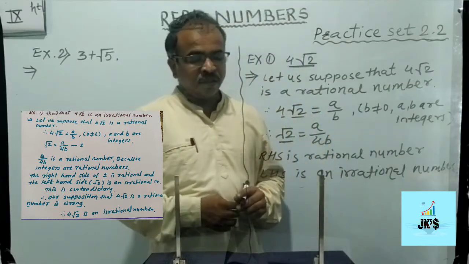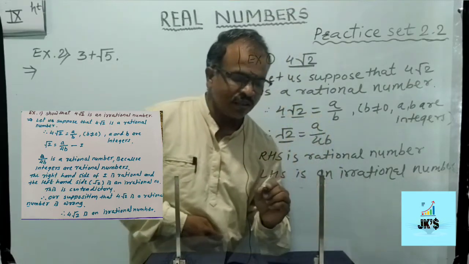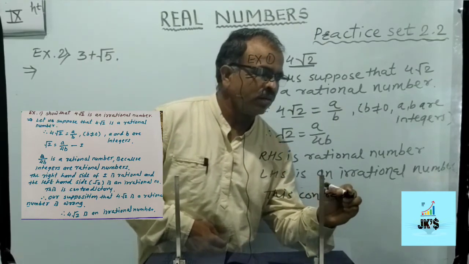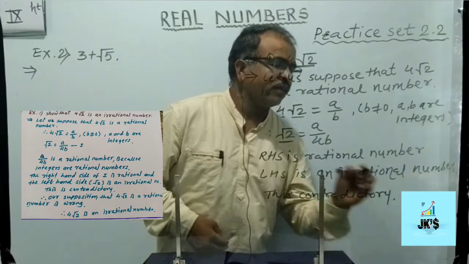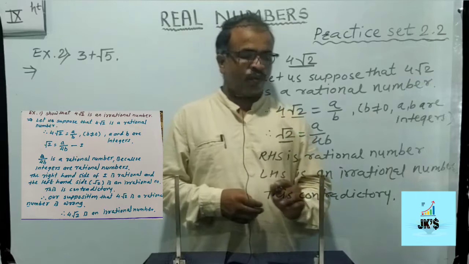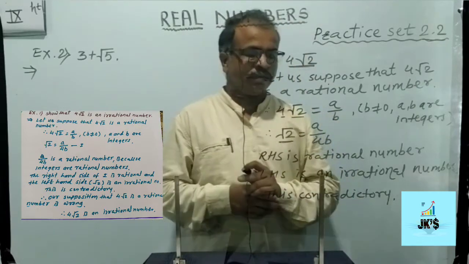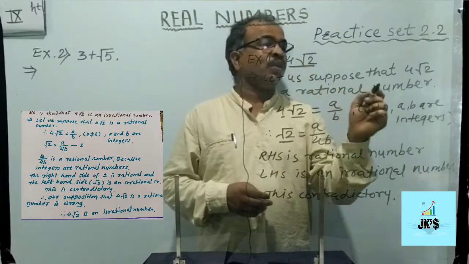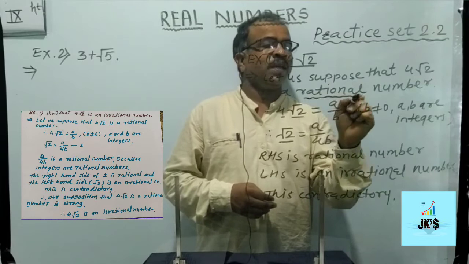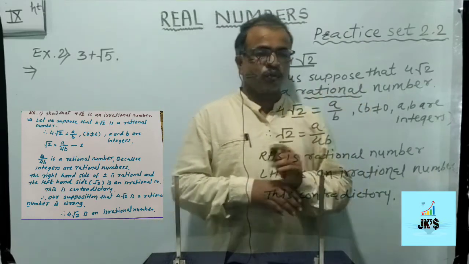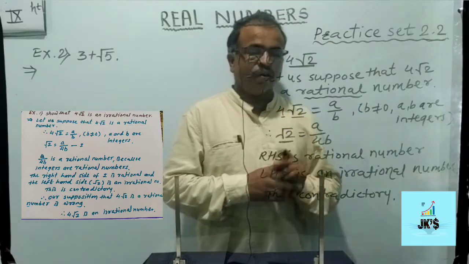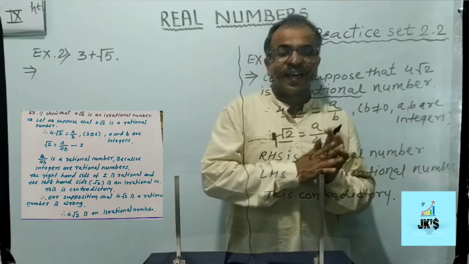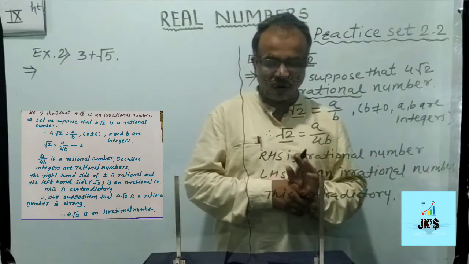Hence this is contradictory, which means it contradicts our supposition. Which is our supposition? That 4 root 2 is a rational number. If it is contradictory, then our supposition is wrong.